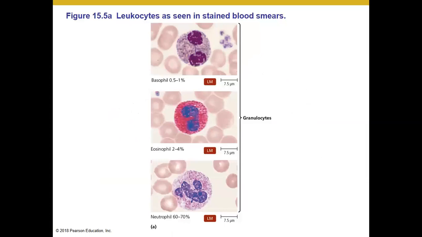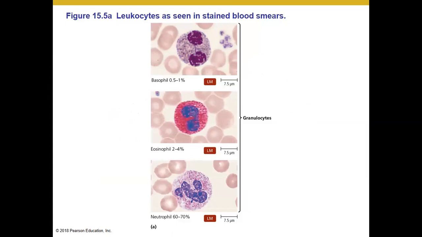So these are your granulocytes. And as you can see, even on this projector, I know the resolution is not great, but they have granules, and these granules often contain antimicrobial peptides. You can see that they are relatively distinct in granule color and nucleus shape.